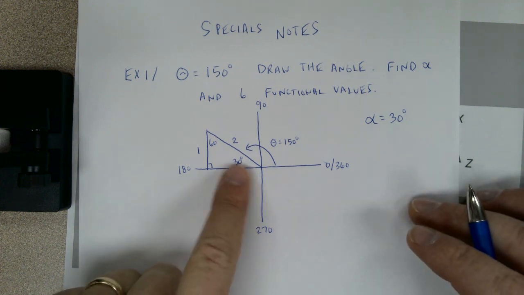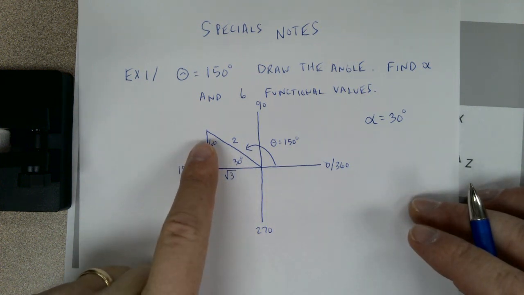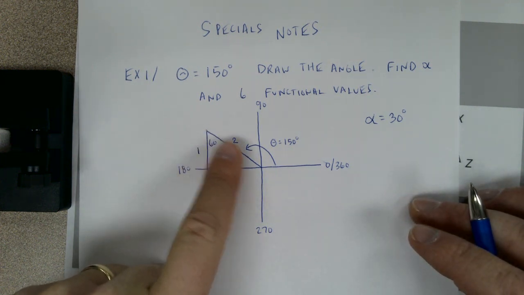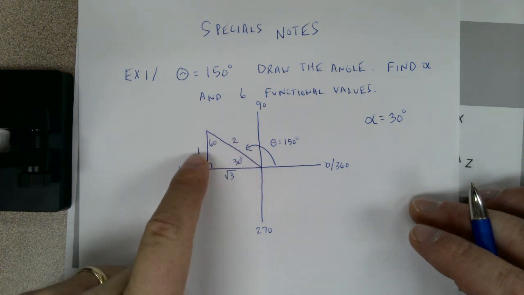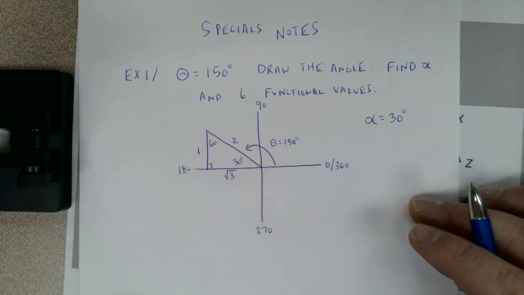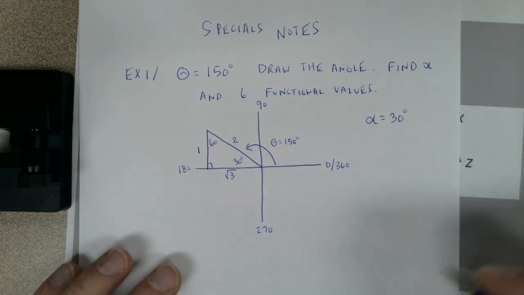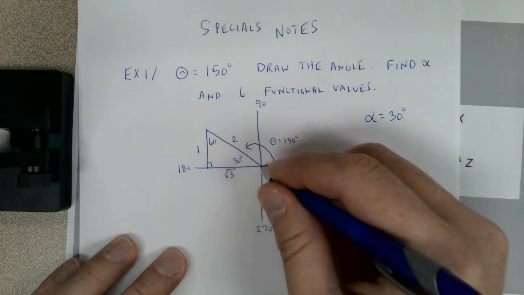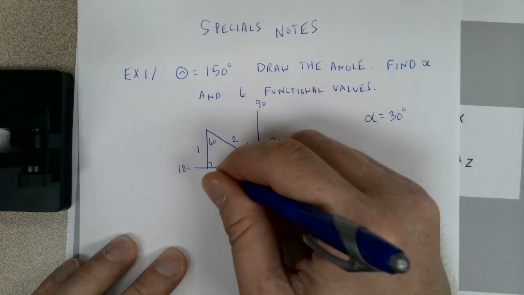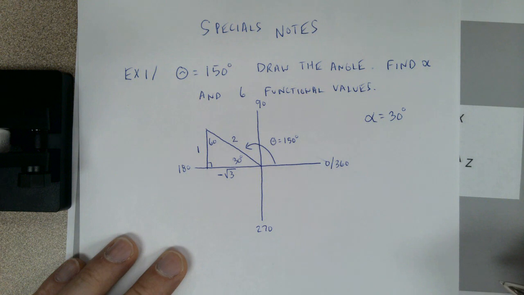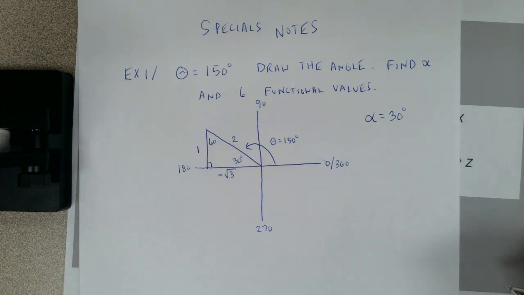So the side opposite the 30 is 1. The side opposite the right angle is the hypotenuse, it's 2, so it's double the side opposite the 30, and then radical 3. Now we're filling this in. This is pretty important. Notice this line here for radical 3 is actually a negative radical 3 because we're going left on the coordinate plane.